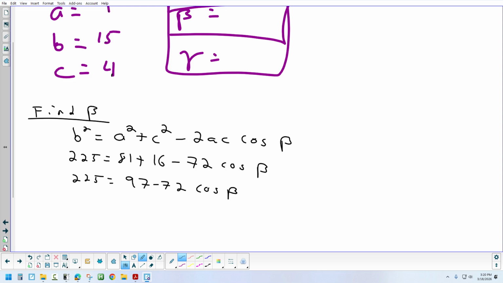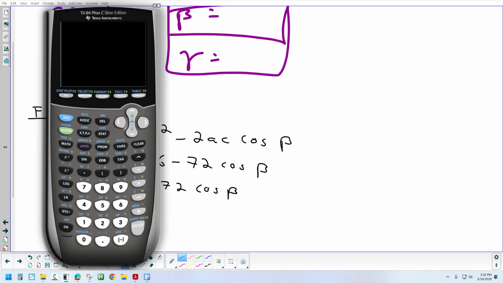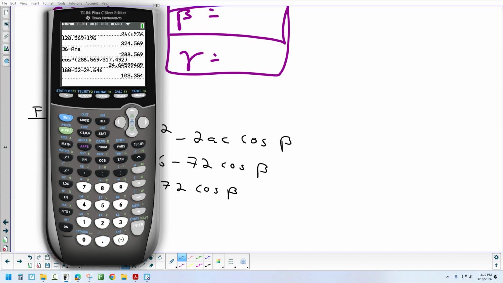Now we have to bring the 97 over to the other side, and how are we going to put the 97 on the left? Subtracting from both sides. Yep, so 225 minus 97. What's that, 128, I think? 128.